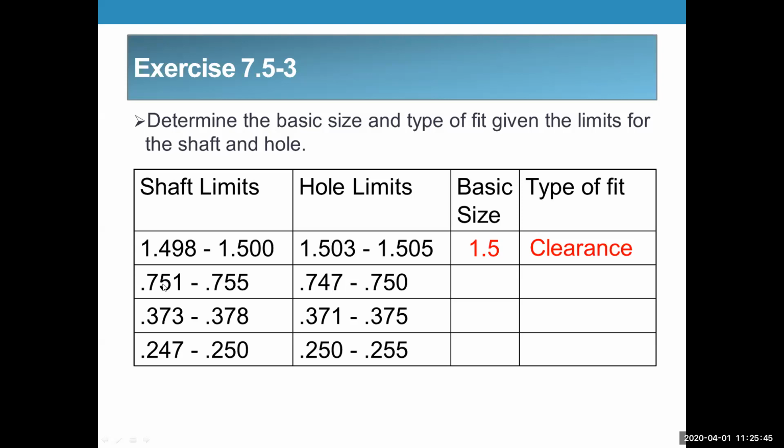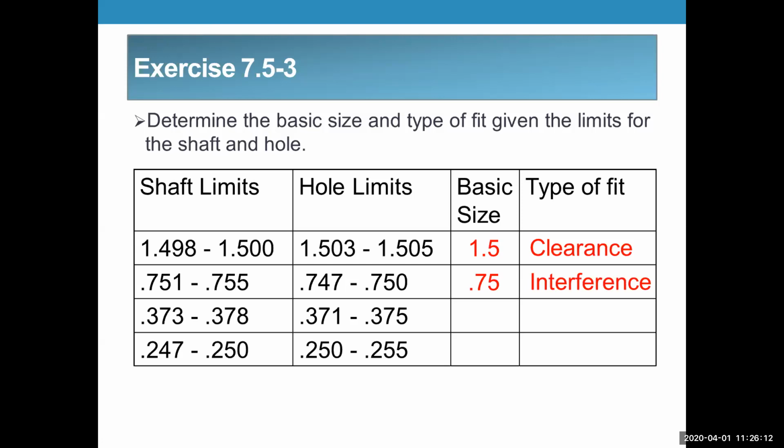Now I take a look at the opposite. My smallest shaft is 0.751, but my largest hole is only 0.750. So I still have interference. I have interference this way and interference that way, so the type of fit should be interference.